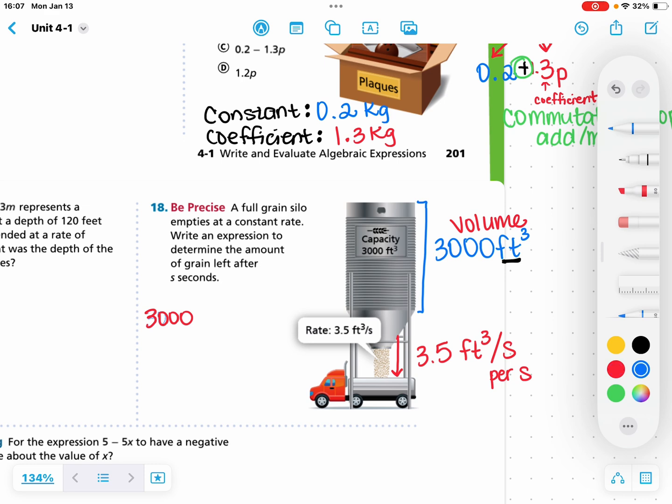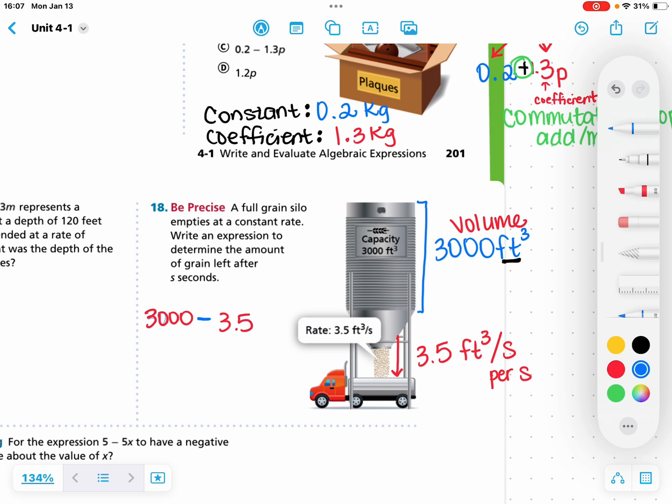It empties. Now, if you are losing volume, let's just use water. If we put water in this silo instead and you're losing water, that's going to be subtraction. If you're losing something, you are subtracting it at a rate of, we're told, 3.5 feet per second.